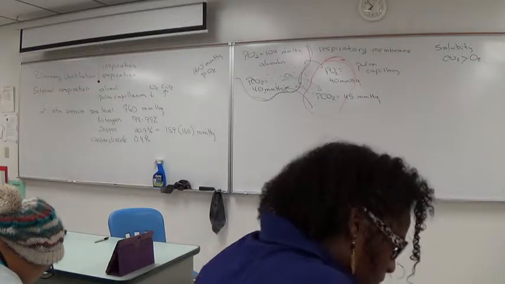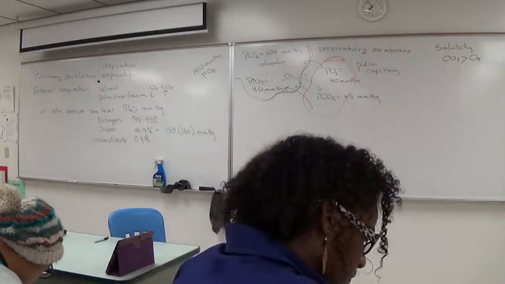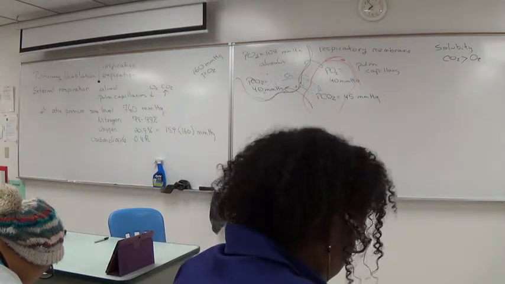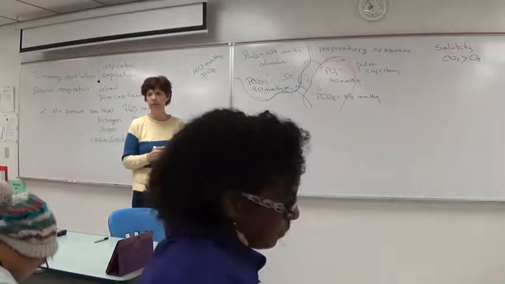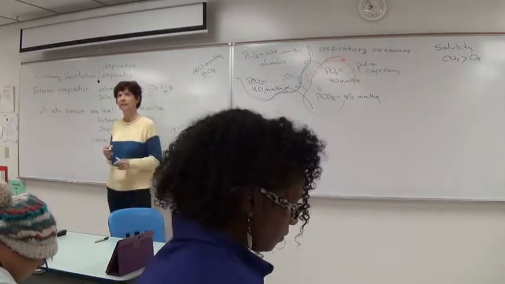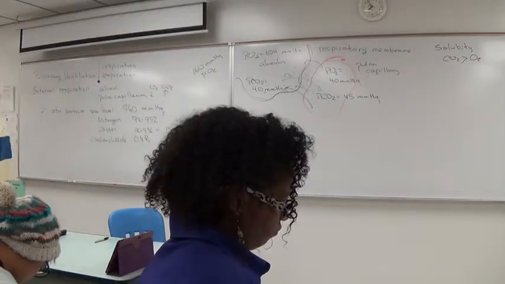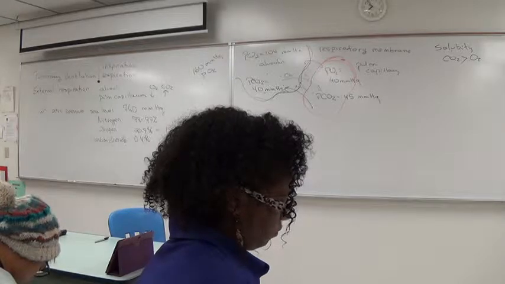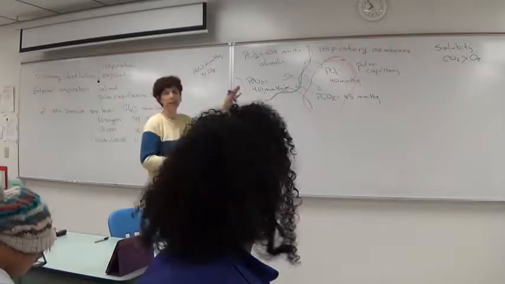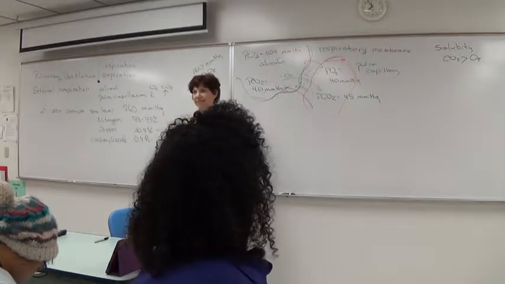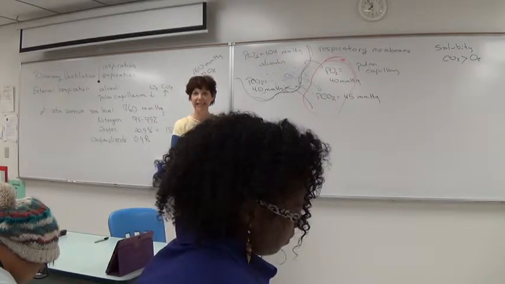All right, so what are some factors then that would affect this, other than the concentration? You look on the next page. All right, so the thickness of the diffusion distance. There's a couple of things that can affect this.